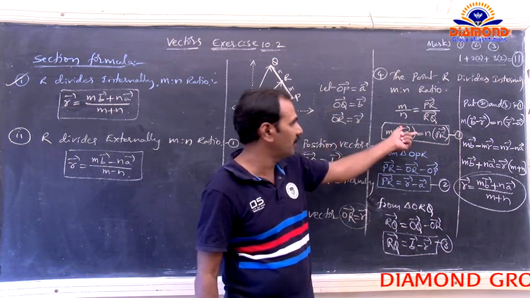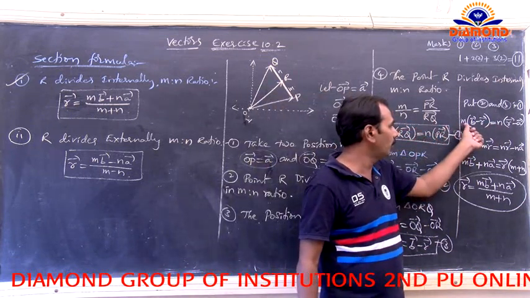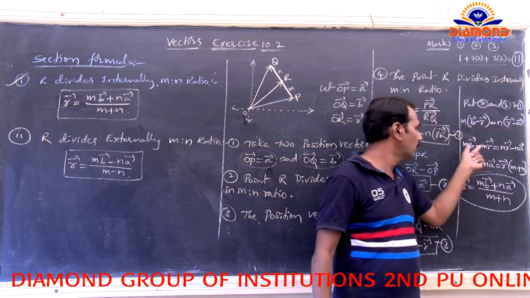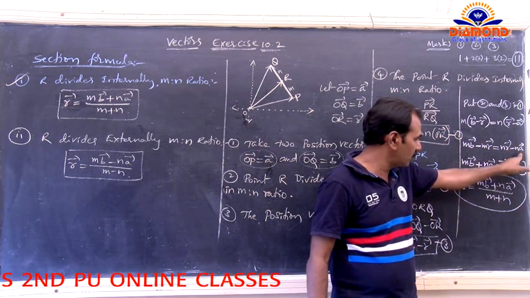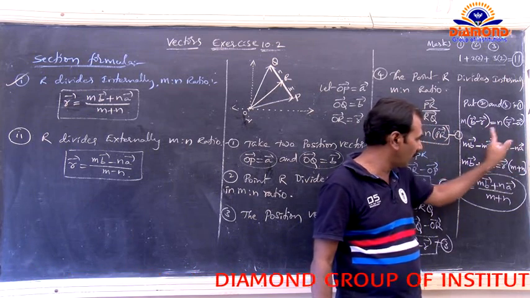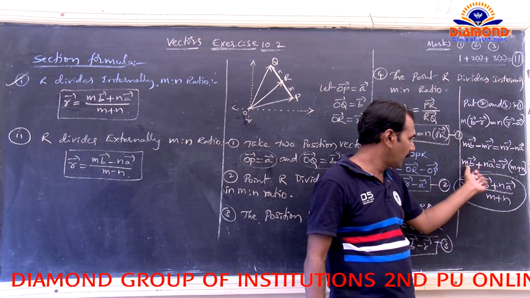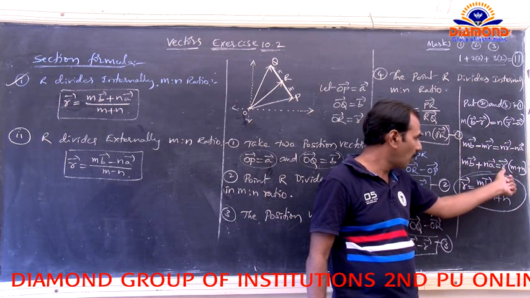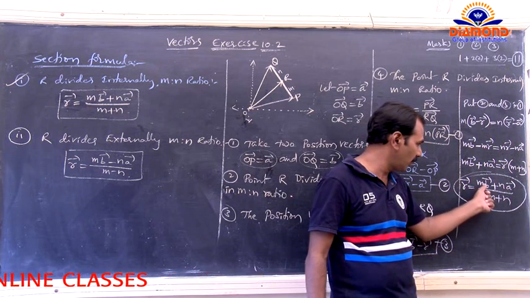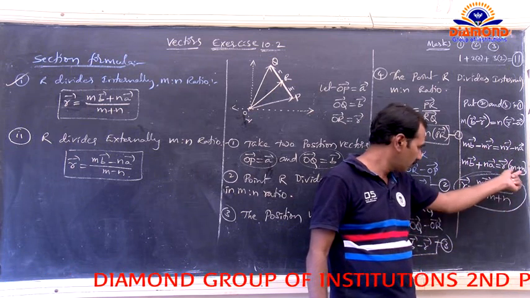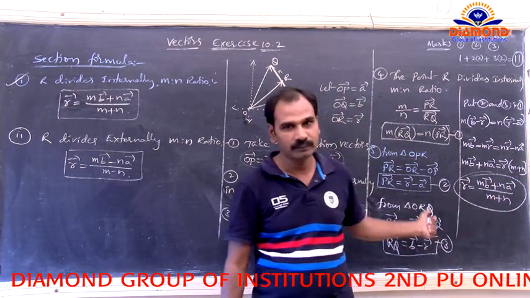Put these two values here. So M into these both, N into these both. Take the minus value to this side. It means M B bar plus N A bar equals R bar into (M plus N). So R bar equals (M B bar plus N A bar) divided by (M plus N).